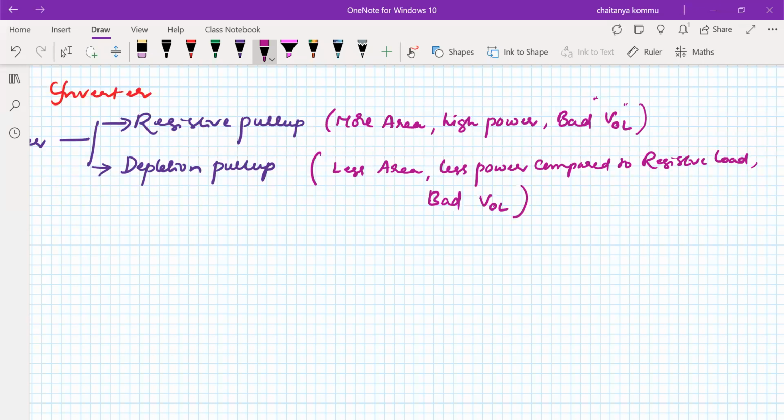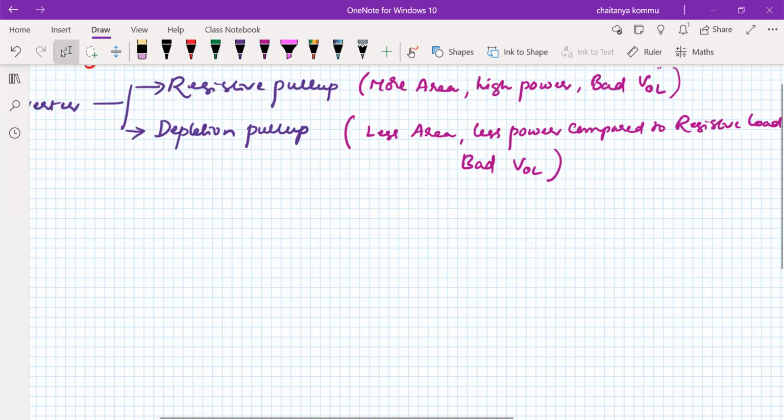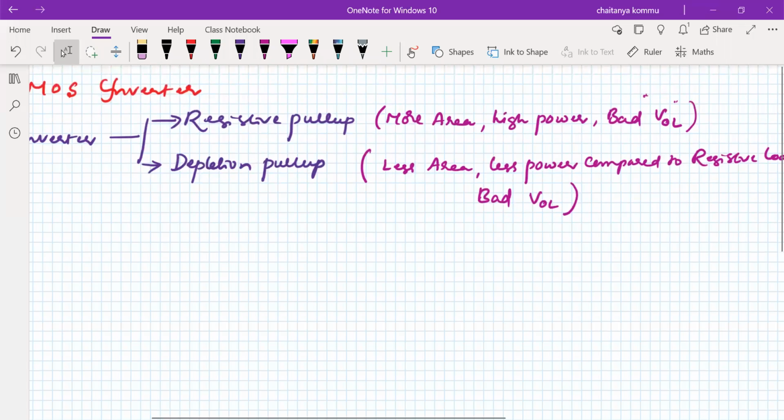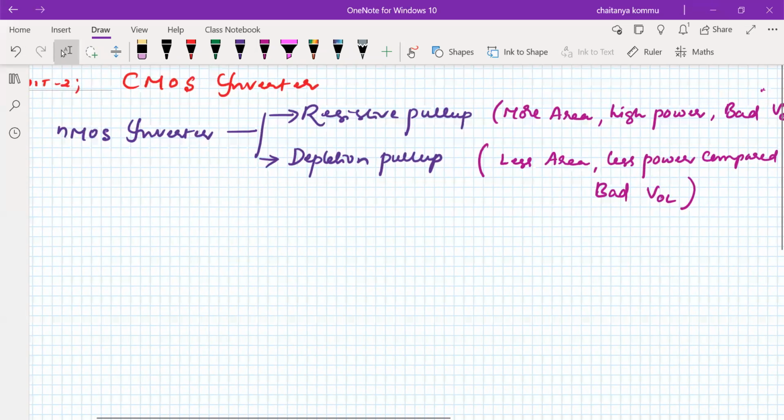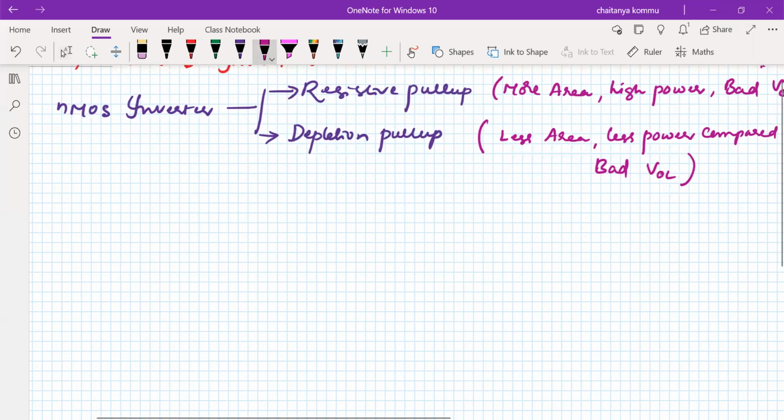Here also we are finding the bad VOL. So we have optimized it for area when compared to the resistor, but we are not getting the remaining portions. Now this problem can be avoided by another approach.